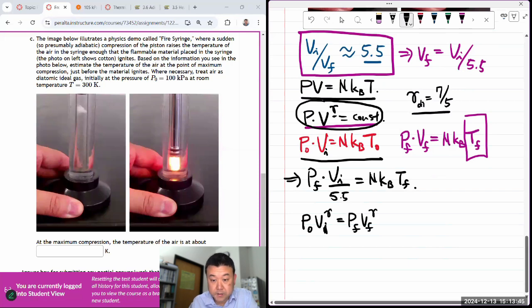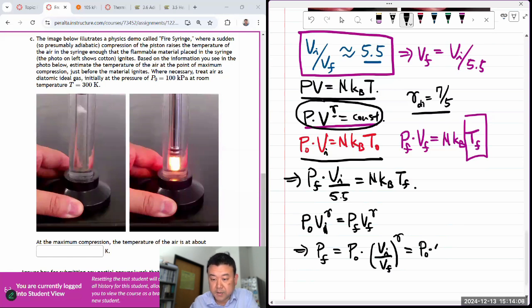And from here, we could solve for P final, which will be P initial times V initial divided by V final raised to gamma. And this ratio I already know. It's 5.5. So it's P naught times 5.5 raised to gamma.